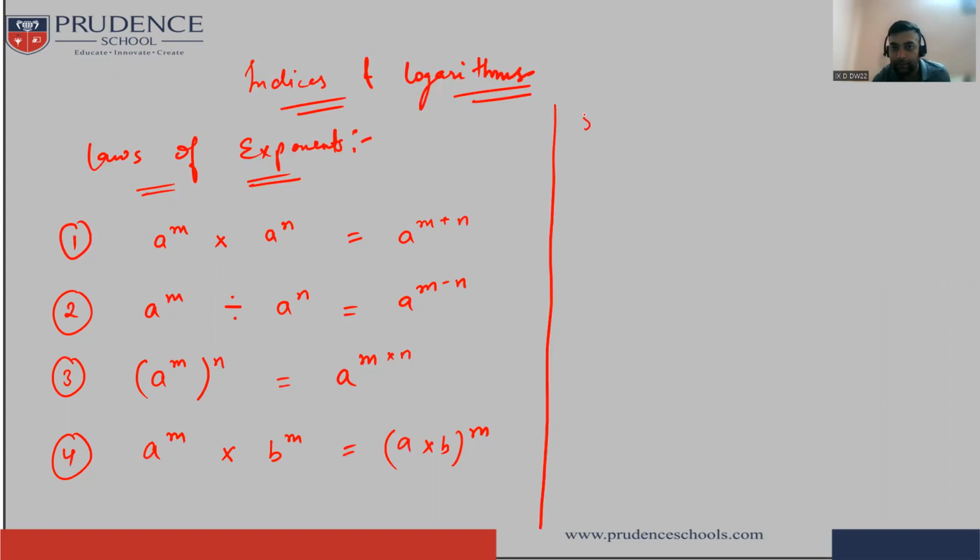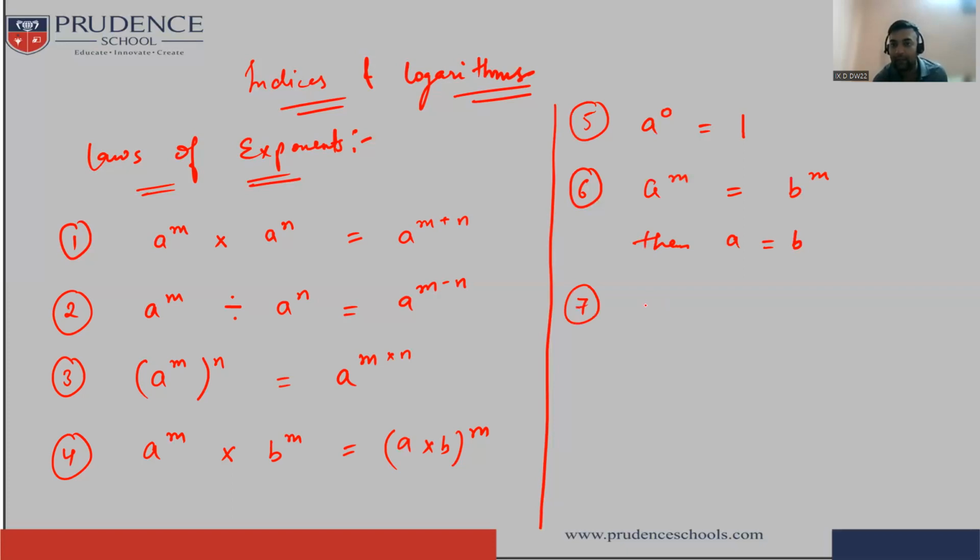Similarly, a raised to power 0, any number having power 0 is equal to 1. Then the sixth one is if a raised to power m is equal to b raised to power m, then a will be equal to b. If the powers are equal, then the bases will also be equal.